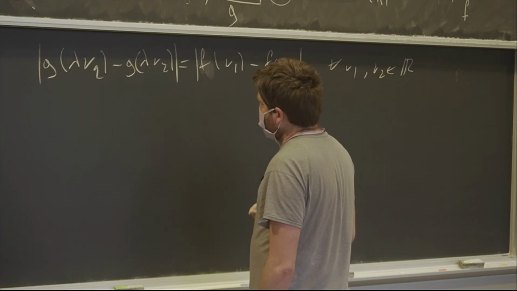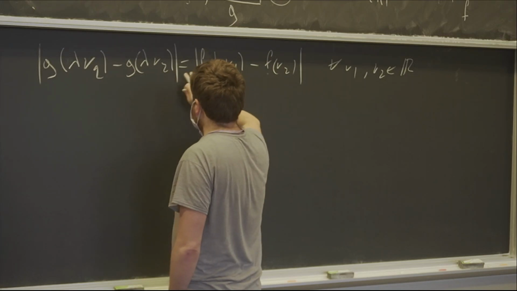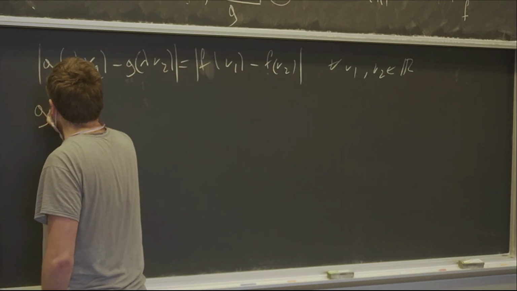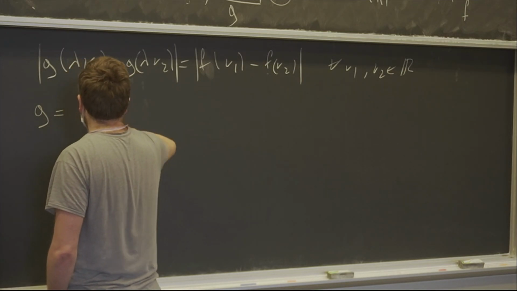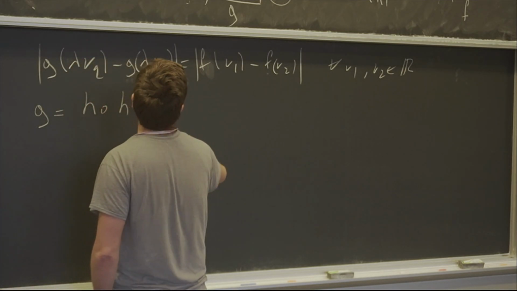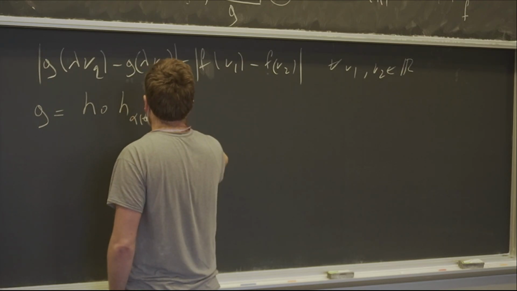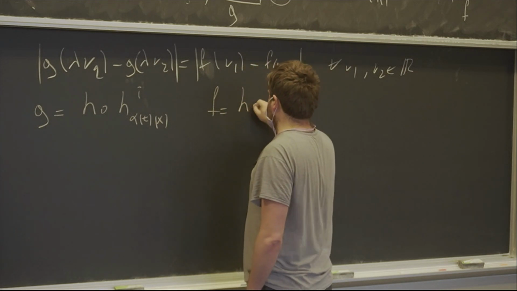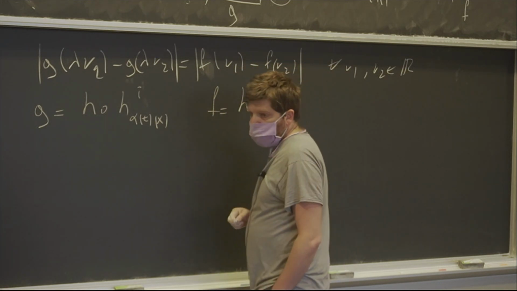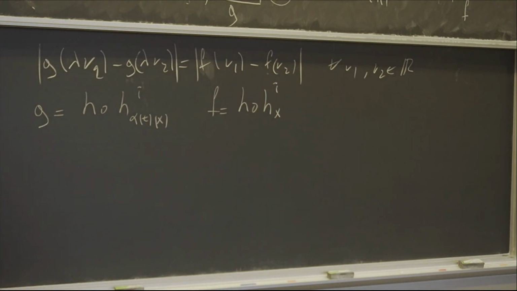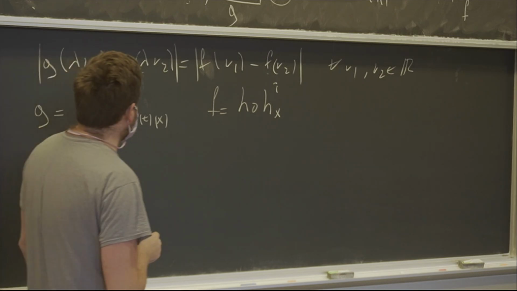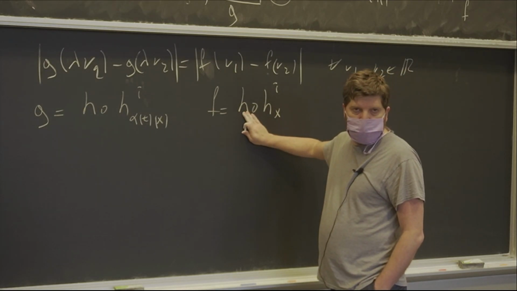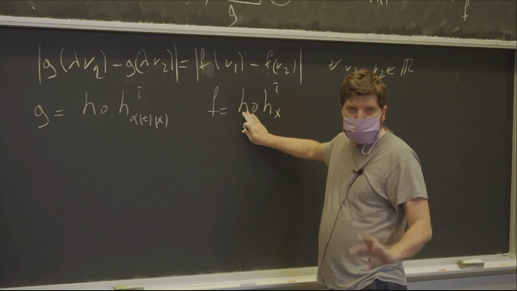Okay, and the point is that the only thing I know about G and F is continuity properties. Remember G here is h composed with h alpha t of xi, F is h composed with hxi. So h is continuous, it's uniformly continuous, it's beautiful, fixed, doesn't depend on anything.